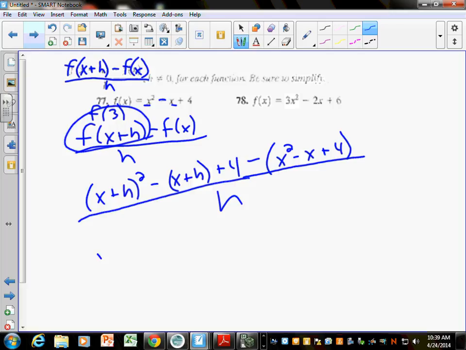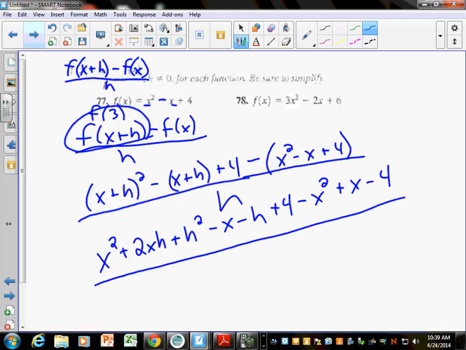If you FOIL this out, you get x squared plus 2xh plus h squared, distribute the negative, minus x minus h plus 4, distribute this negative, minus x squared plus x minus 4. And then you get to cross stuff out. x squared minus x squared. Positive 4, negative 4.